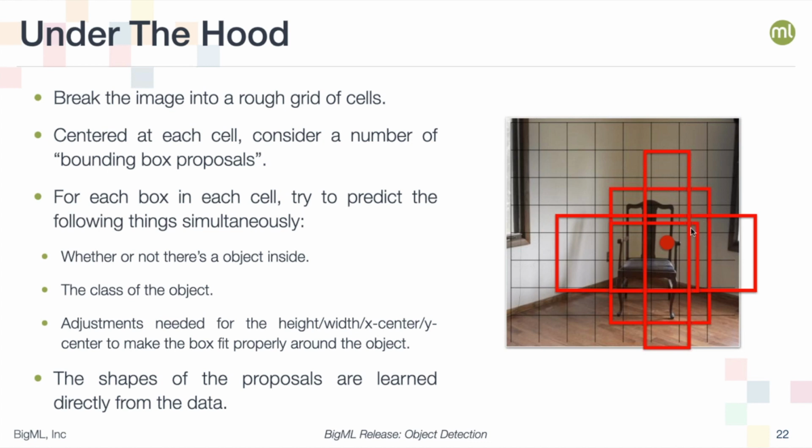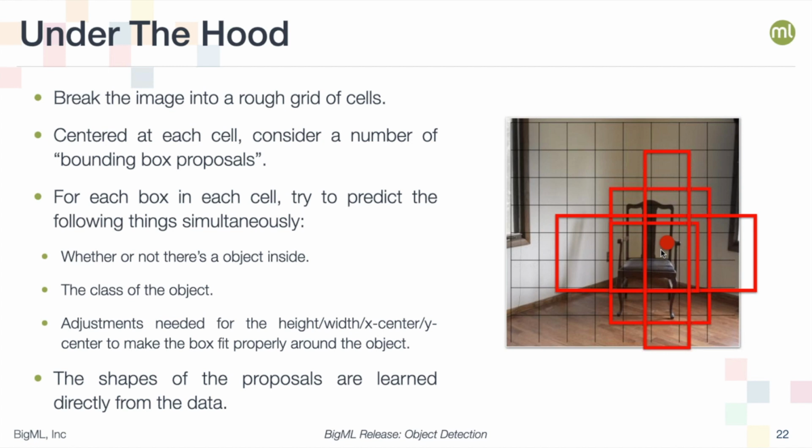The class of the object would be the chair. And we would also have some adjustments to this box that would make it fit the chair properly. So for example, you can see that on the right side of the chair, there's quite a bit of space. And so we would say something like, this box needs to be a little bit narrower, and it needs to move over to the right a little bit in order to properly fit the chair.